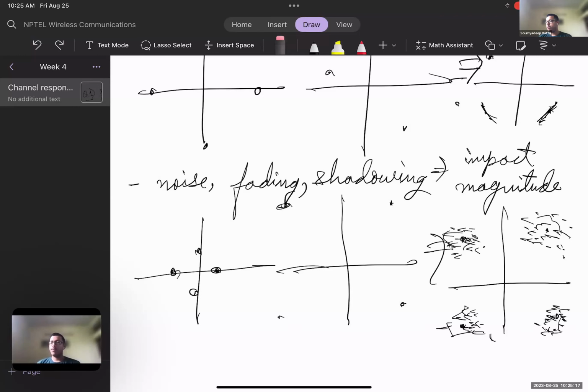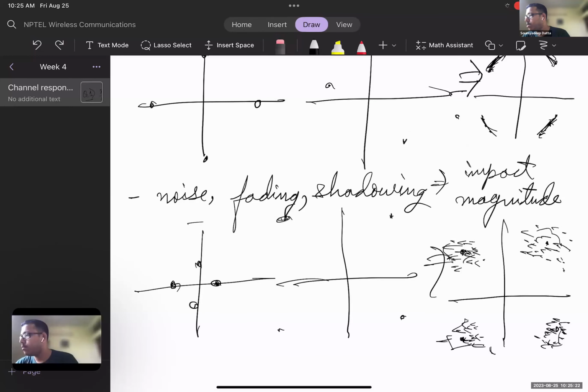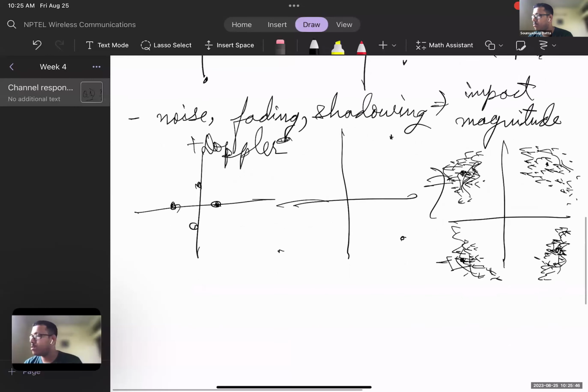But if I add Doppler, what Doppler does is that the phase shifts become significant. Especially with high Doppler, with high speed vehicles, you have a lot more phase shifts, so your symbols are all over the place. I hope this discussion was clear and you get an idea.